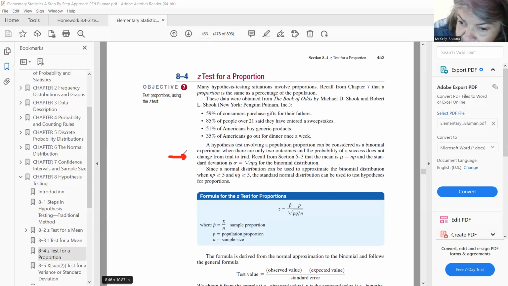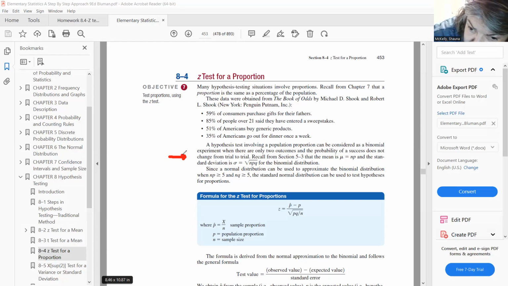Failure means getting something different. There are only two outcomes and the probability of success does not change from trial to trial. Recall from section 5.3 that the mean is mu equals np and the standard deviation sigma is equal to the square root of npq for the binomial distribution.